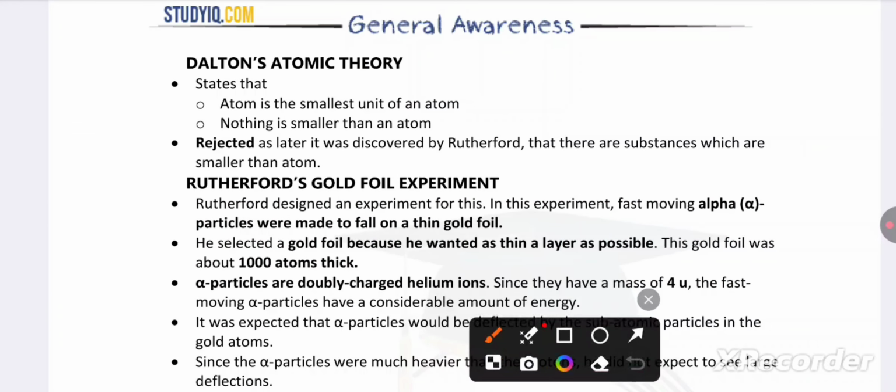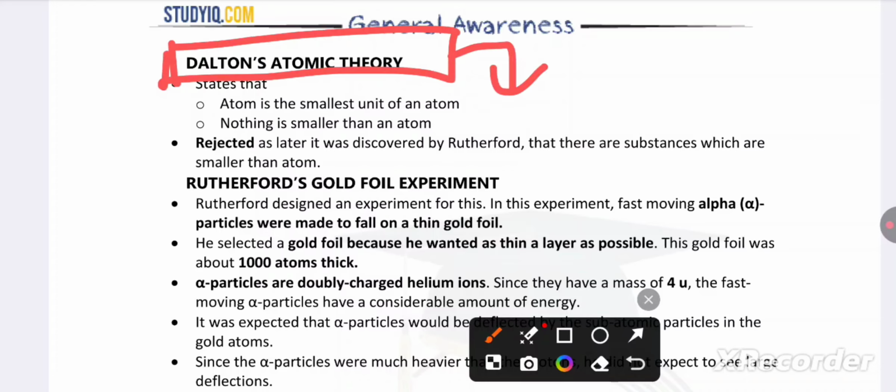Here are the evolution of theories of how the atom exists. First, Dalton's atomic theory. Dalton stated that the atom is the smallest unit; further we can't break it. The atom is the final and smallest unit.